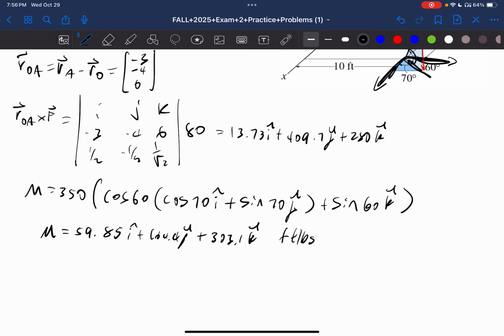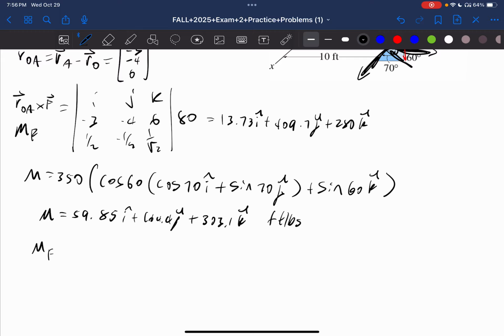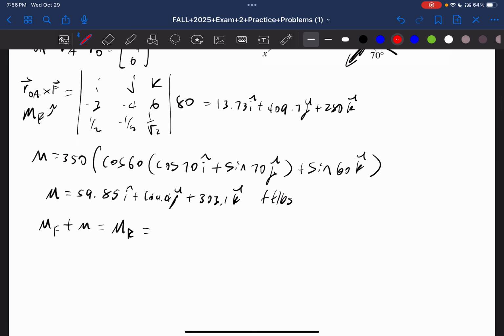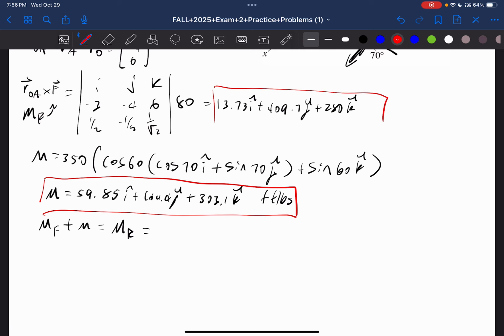And then now we can just do the moment induced by F. Let's call this the moment induced by F. This is this. Plus the moment that's given is going to be equal to the resultant moment. So basically, you would just add up the i components together, add up the j components together, and add up the k components together.